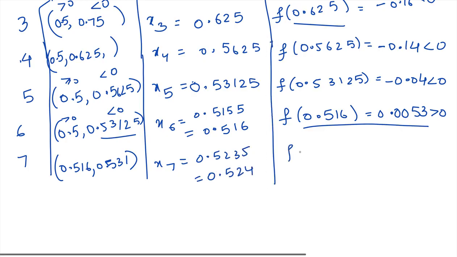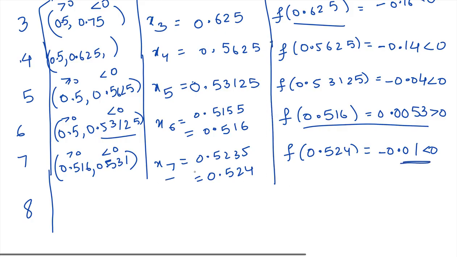Let's stick to that. So f of 0.524 gives us minus 0.01, which is less than 0. Now this was giving us greater than 0, this was giving us less than 0. Since the middle value is giving us less than 0, we will take greater than 0 from the previous interval and this one.